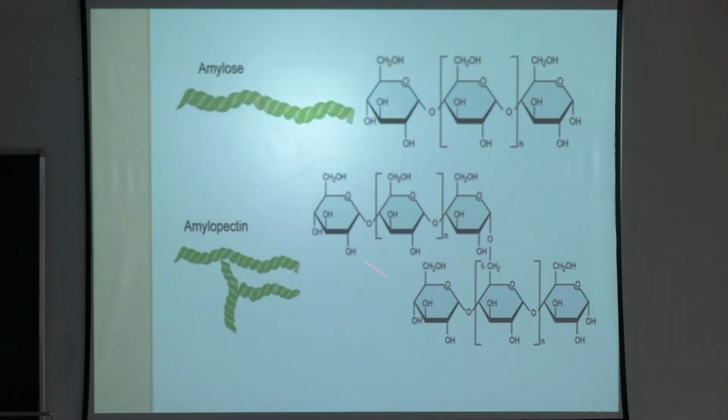Whereas amylopectin is a branched form of glucose polymer. The 1,4 connections are there, but the branching starts at 1,6 glycosidic bond. So starch is a composition of both amylose and amylopectin.